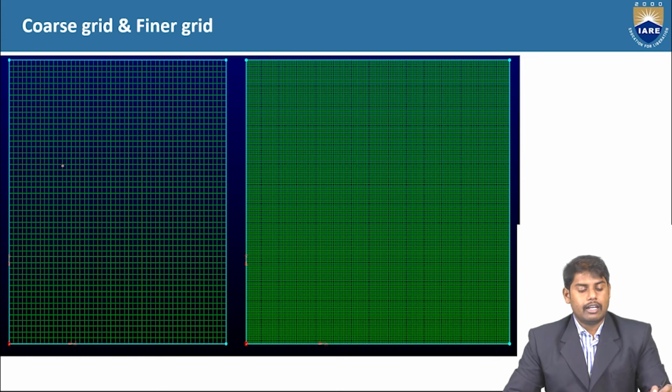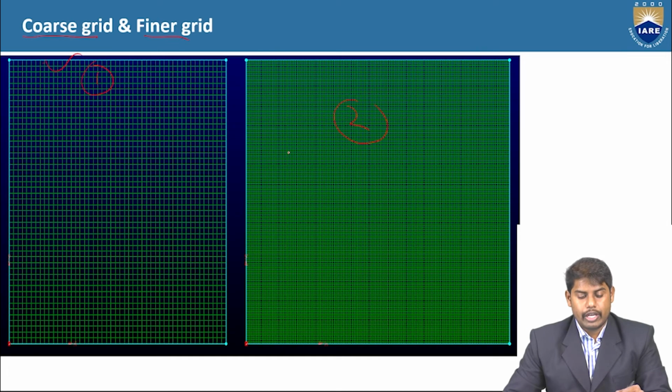Other entities that we have are the coarse grid and the finer grid. The meaning of coarse and finer grid is this: let's say this is one domain, domain 1, and this is domain 2. What kind of mesh is it? It is a structured mesh with uniform spacing, let's say.